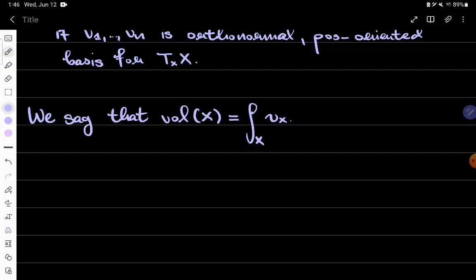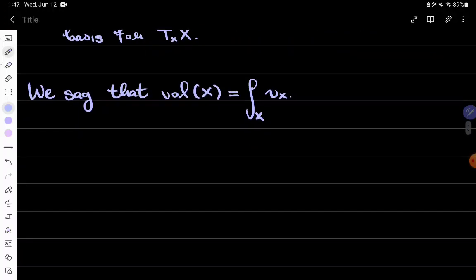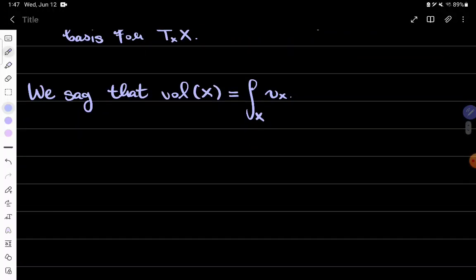And so if you want to add these all up across your manifold you're integrating, then at each tangent space, each of these should contribute a unit amount. And when you add these all up across the points, then this should spit out the volume in any reasonable sense. So this is the volume of our manifold, and this is an important quantity that we're going to be interested in. And we're going to connect this to ideas like curvature in the Gauss-Bonnet theorem and the Euler characteristic.